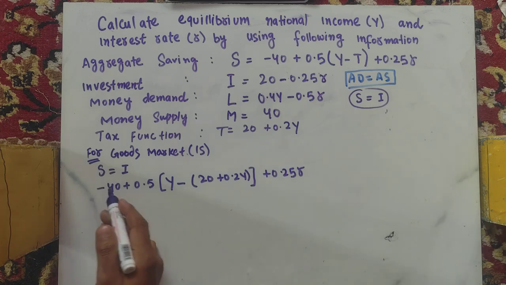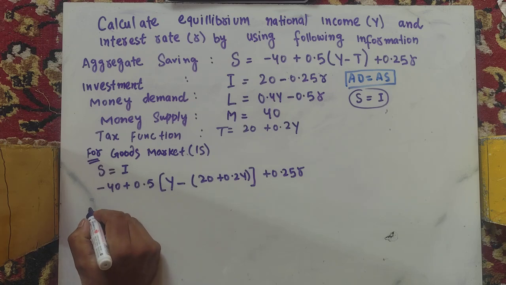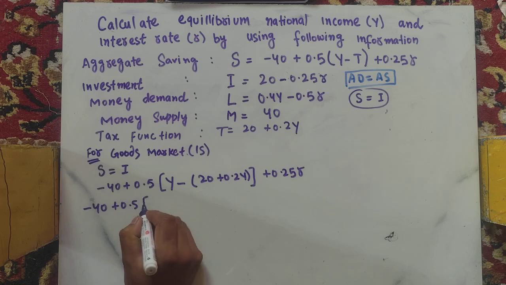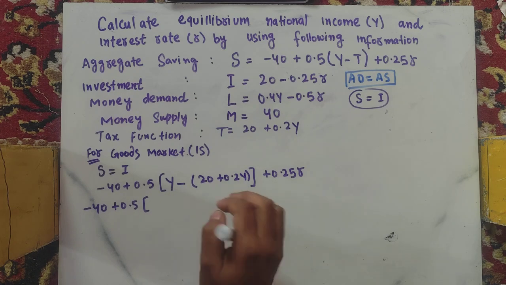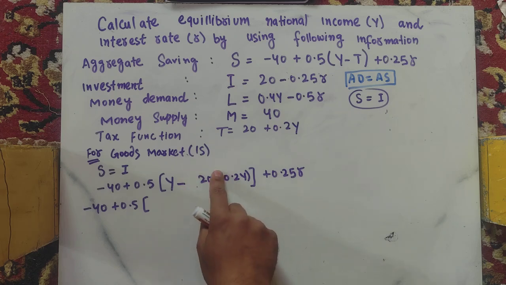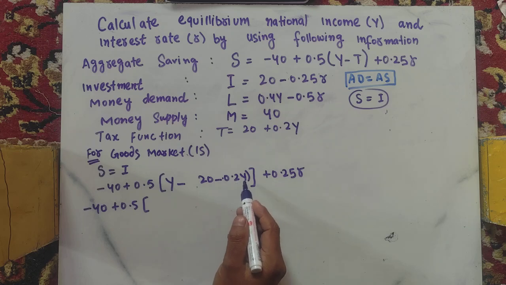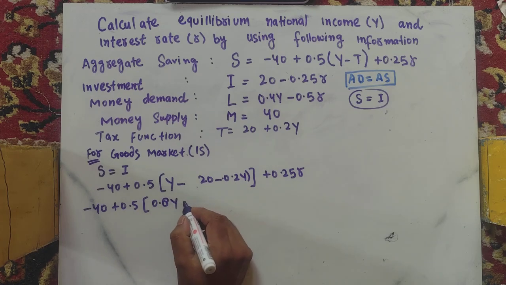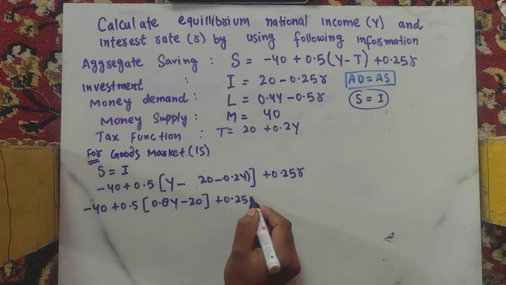Let us first solve the LHS a little bit. We have negative 40 plus 0.5 times, and the minus is multiplied to each of these terms, so this becomes negative. When we subtract 0.2 y from y, we get 0.8 y minus 20, plus 0.25 r.